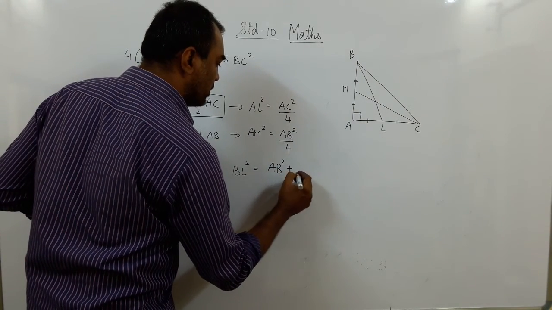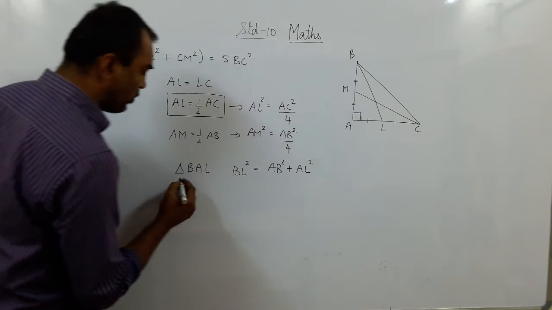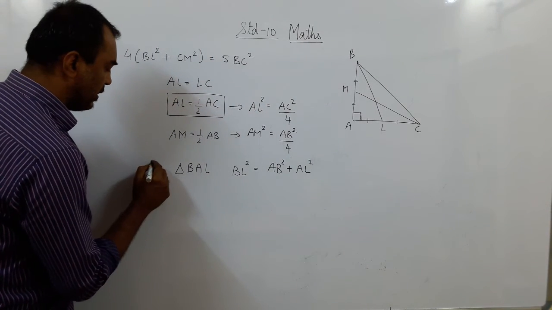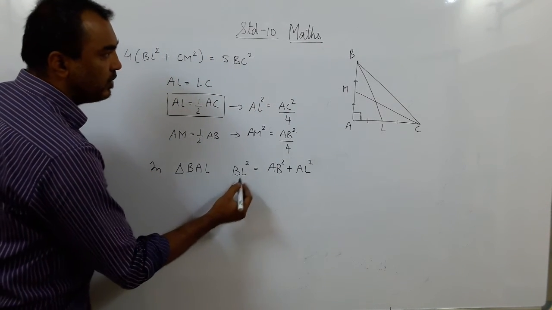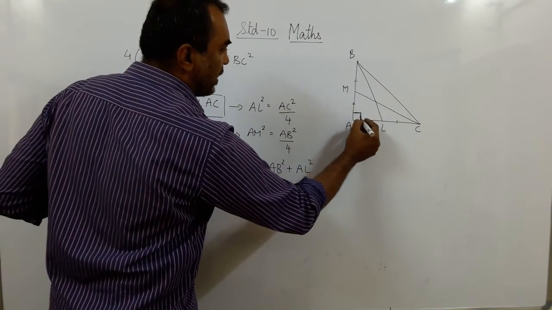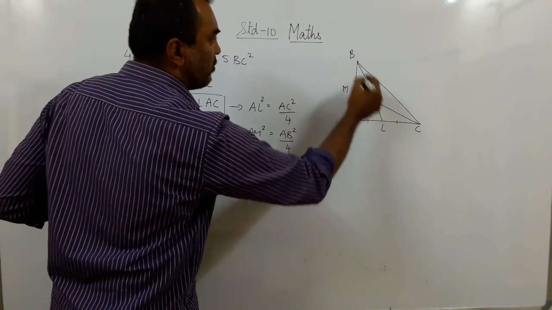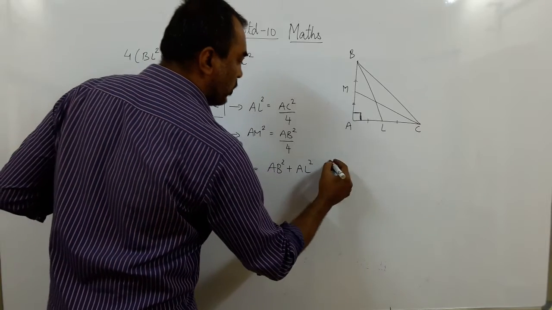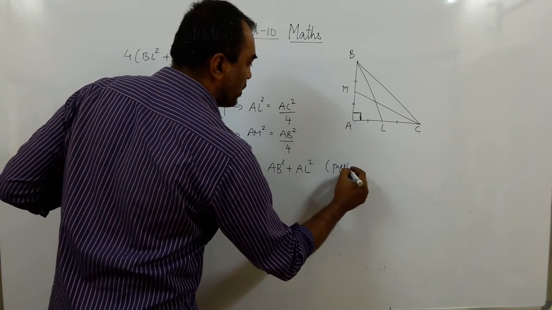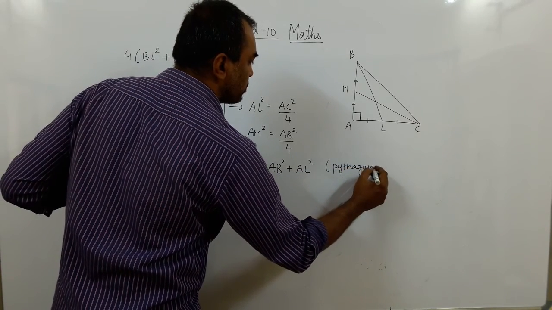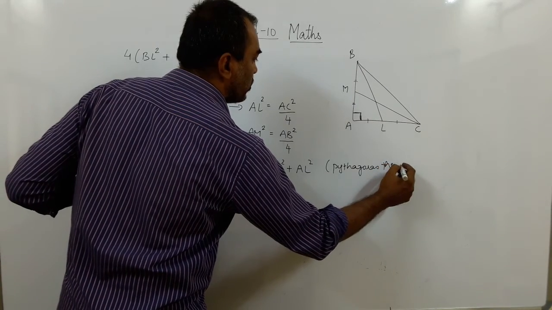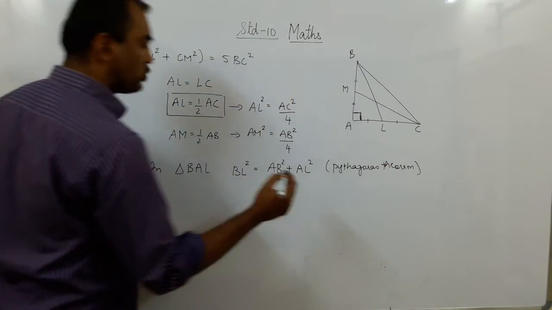Which triangle have I taken? Triangle BAL. In triangle BAL, A is a right angle, so BL square equals AB square plus AL square by the Pythagoras theorem. Yes, we always invoke the Pythagoras theorem when there are squares.